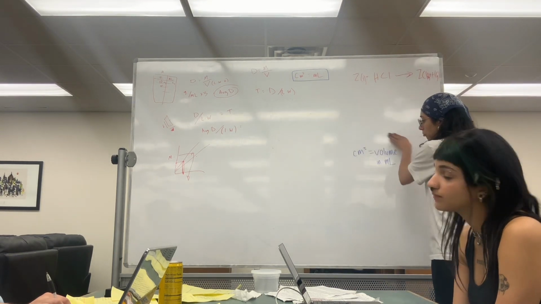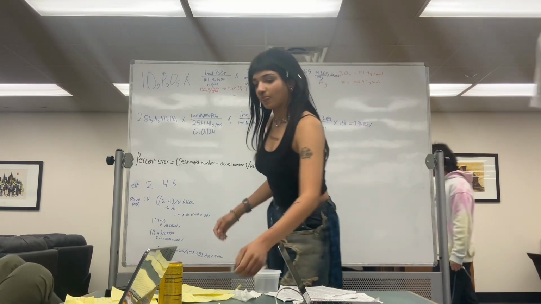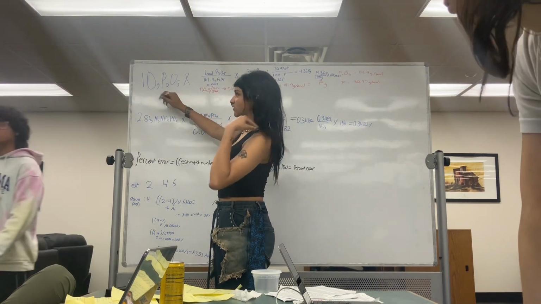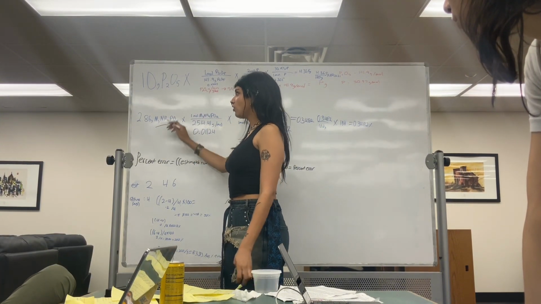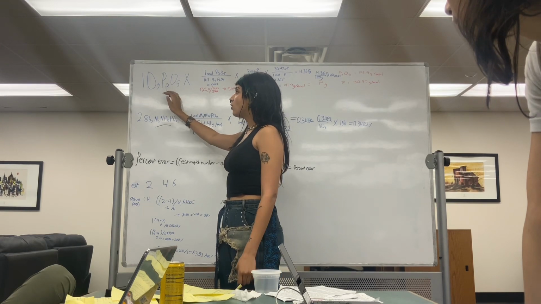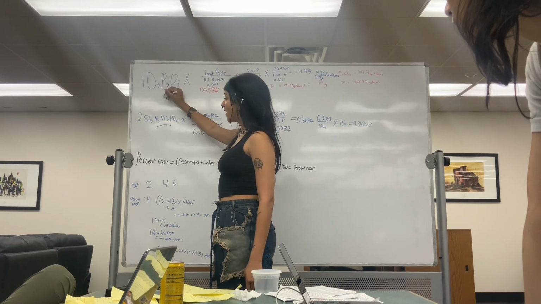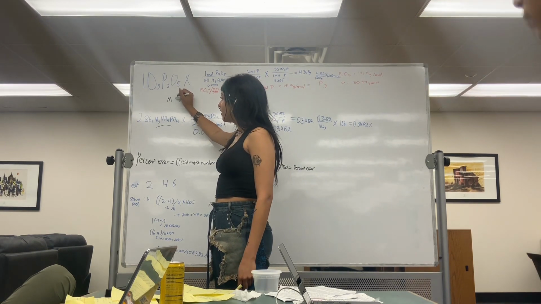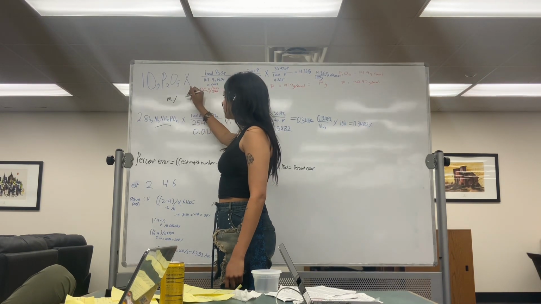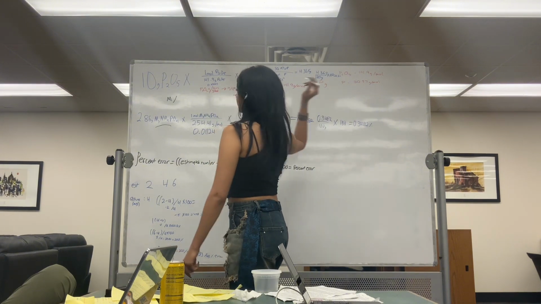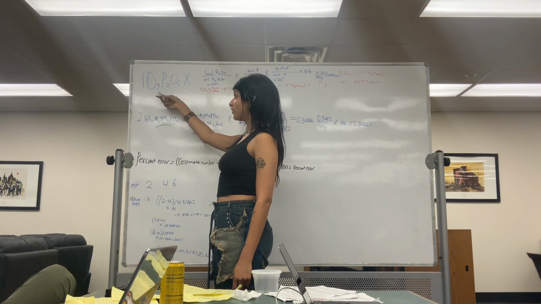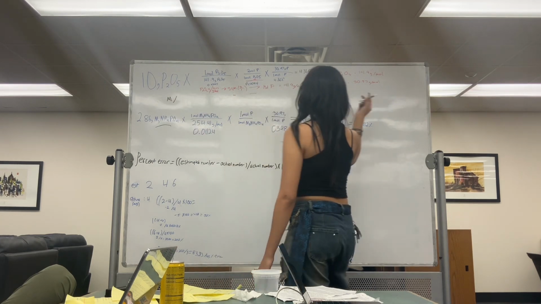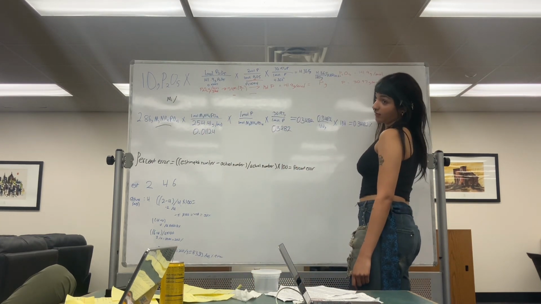So they're gonna give you your mass of whatever it is, whether it's Mg, diphosphorus pentaoxide, whatever. So you take your mass and divide it by the molecular mass of that. If you have 10 grams of diphosphorus pentaoxide, you divide it by the molecular weight of diphosphorus pentaoxide.